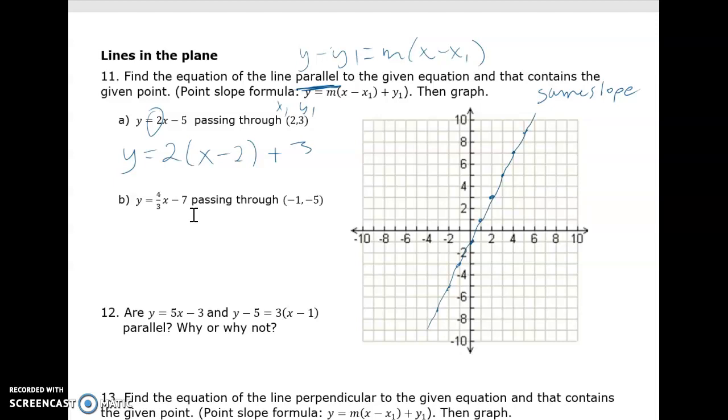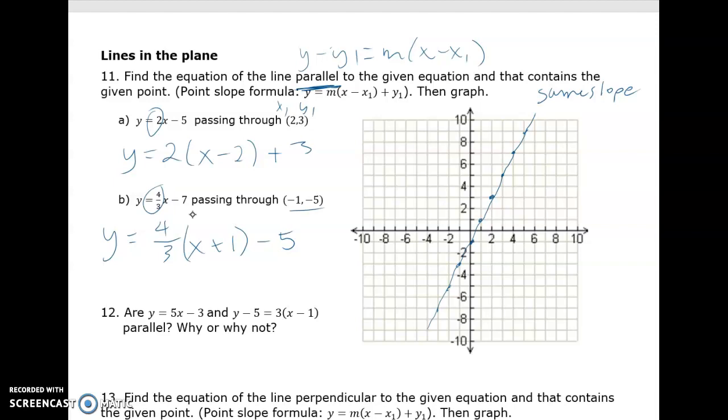For our next one, we have a slope of 4 over 3. I know that because that's what's in front of x. And our x coordinate and y coordinate here are negative. So let's look at what happens here. Y is equal to 4 over 3, parenthesis x minus x sub 1 in this case would be x plus 1. And then minus 5 because you're adding the y coordinate. Okay? So where do I end up?